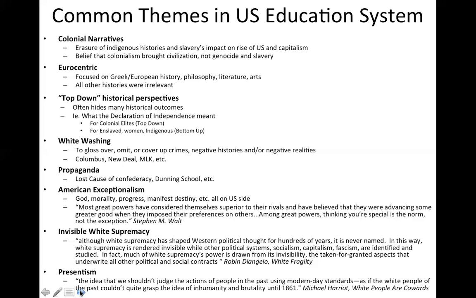And then American exceptionalism, this idea that we are always on the right side, with God and morality. We hear this manifest destiny, where even if we did things wrong, we overcame them.